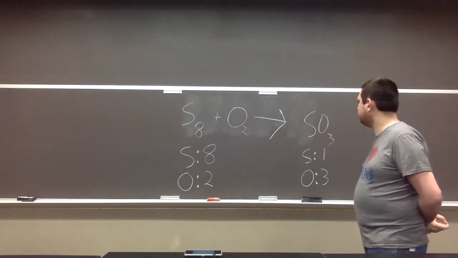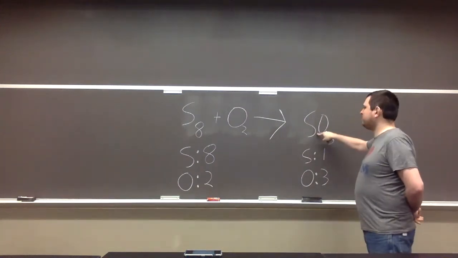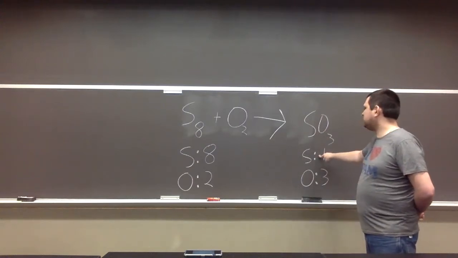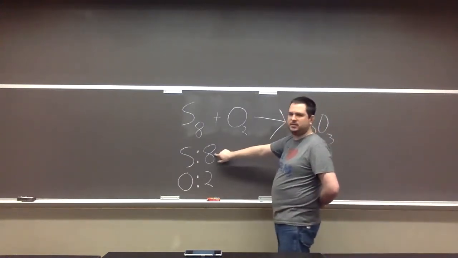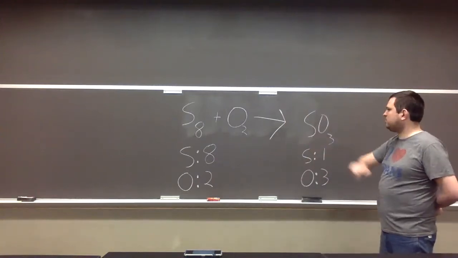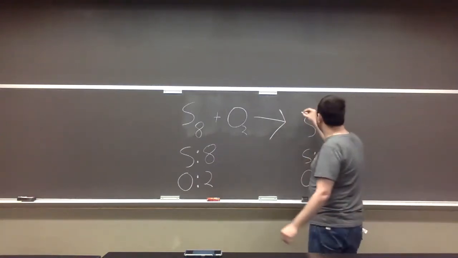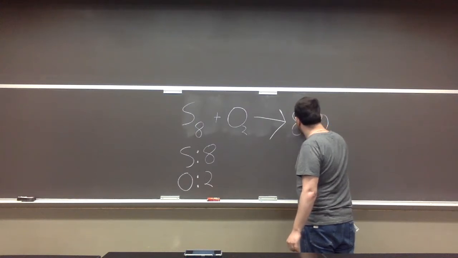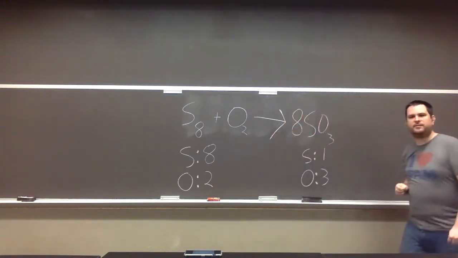That's a lot of sulfur. But luckily, there's only 1 on this side. So the easiest thing that we can do, the easiest product between 1 and 8 is 8. You can always multiply 1 by the other number to get that number. So let's go ahead and put 8 here.